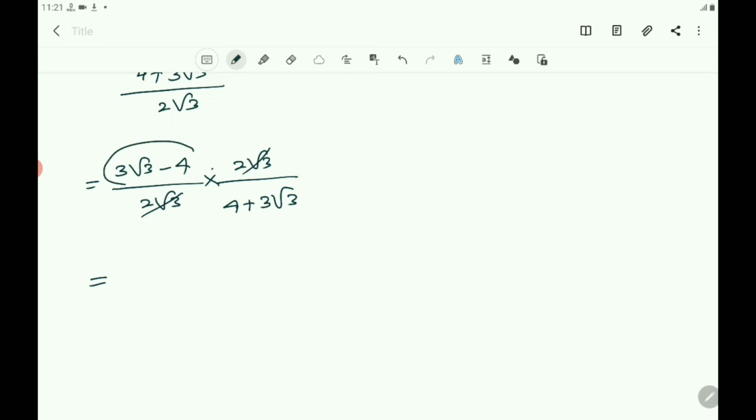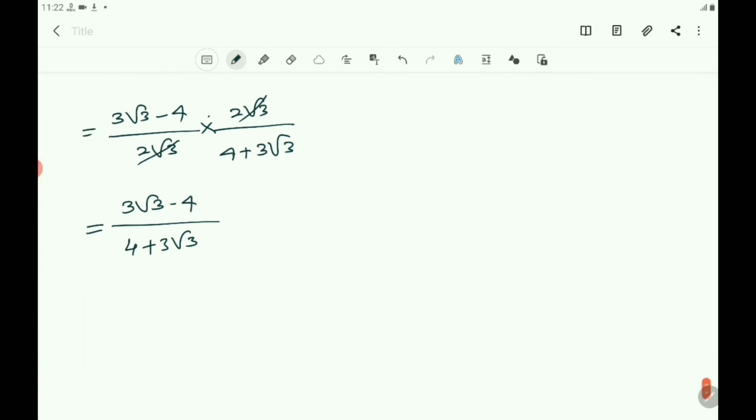Then the numerator is 3 root 3 minus 4, and the denominator is 4 plus 3 root 3. Then you can rationalize the denominator. So you write 3 root 3 minus 4 by 4 plus 3 root 3.